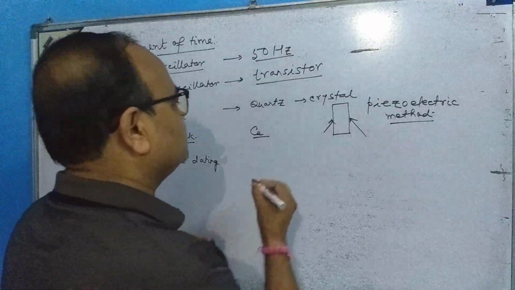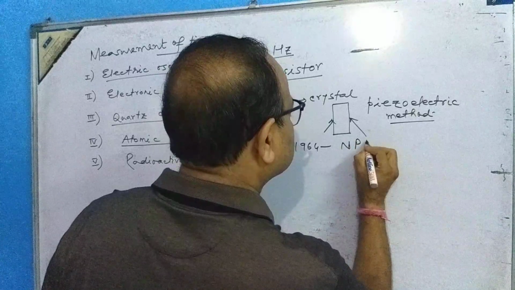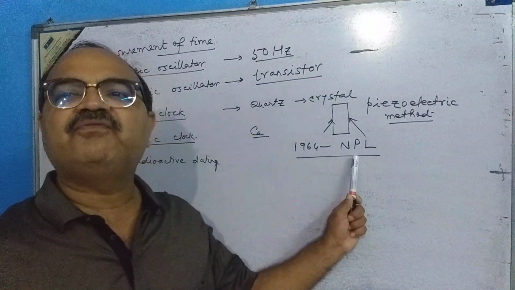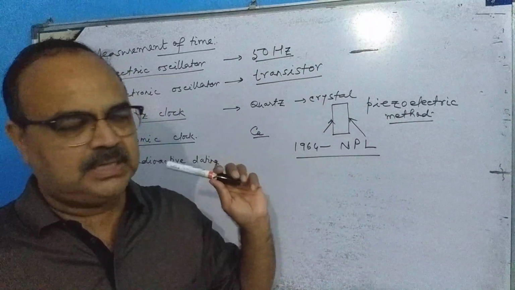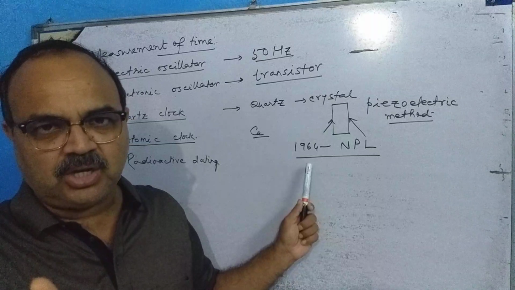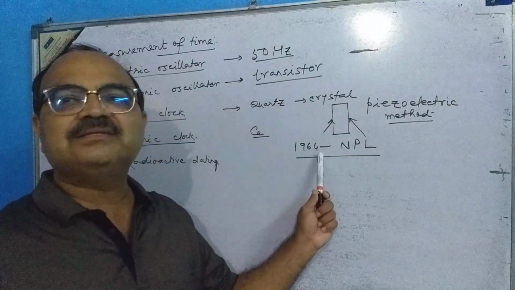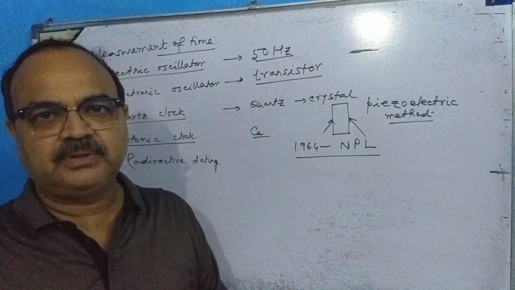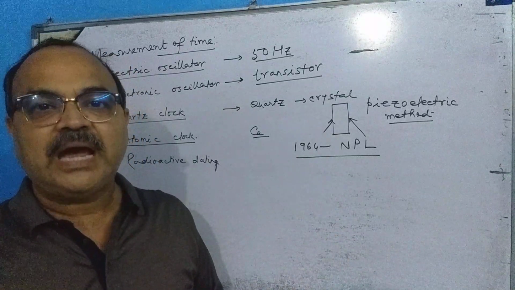In the year 1964, the first atomic clock was installed in India, at the NPL, the National Physical Laboratory in New Delhi.